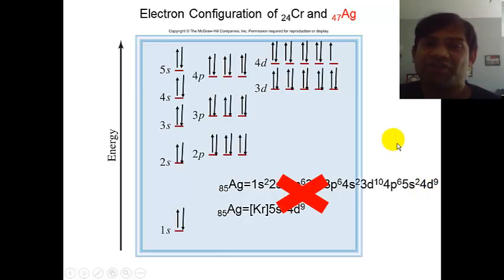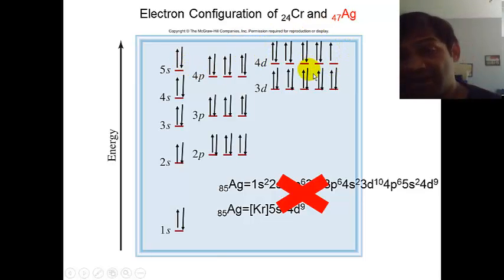So is that the electron configuration? No. Just as in the similar situation before, this 5s2 electron is going to promote itself and have a completely filled 4d orbital or 4d shell. So when you have a completely filled 4d shell, that's much more stable than having a 4d shell that has a gap empty and then a 5s completely filled.